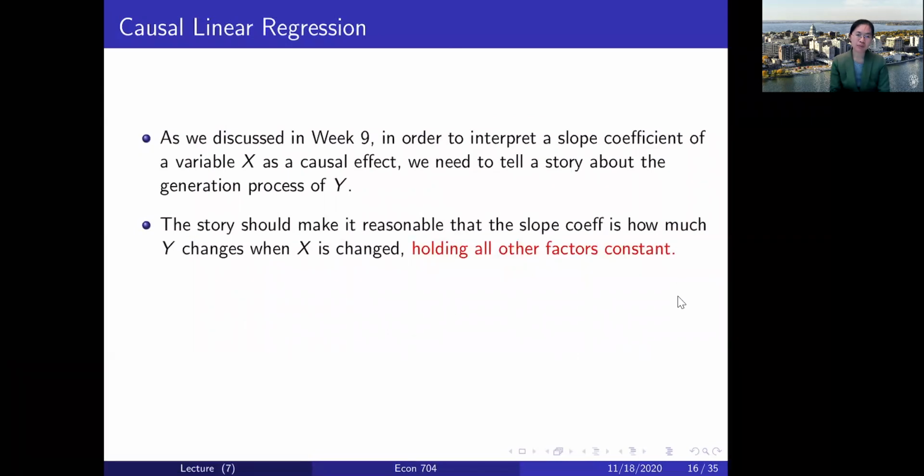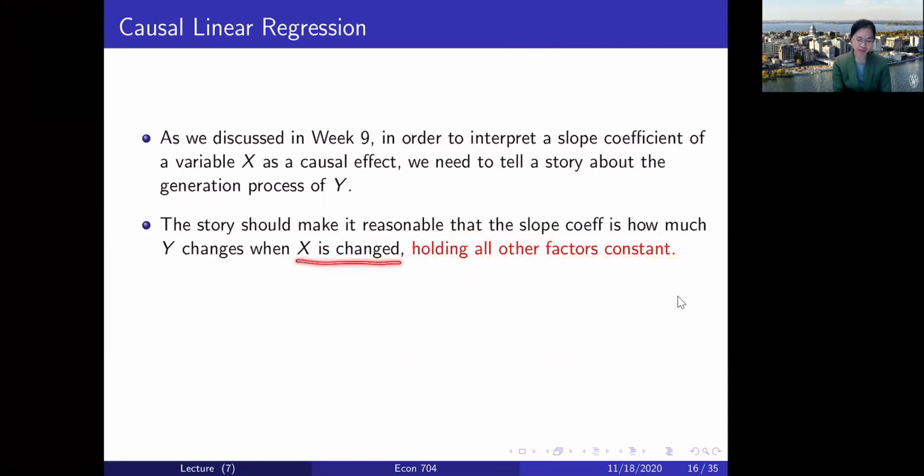And the story that we tell should make it reasonable that the slope coefficient is how much y changes when x is changed, holding all other factors constant. So it's important to imagine this change happening without other things changing at the same time.